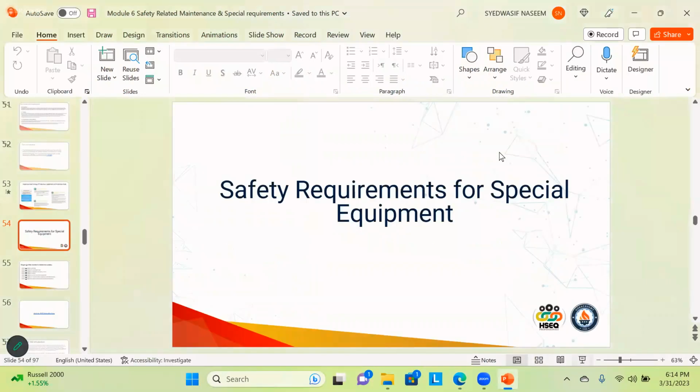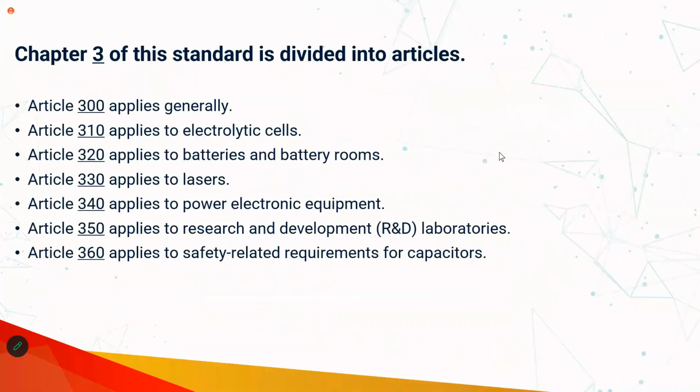For the safety requirements for special equipment, if you look into chapter number 3, you are going to find article 300, which is general. This chapter is related to special equipment, so most of the requirements which we studied in chapter number 1 are not applicable, or if applicable, they need to be modified.